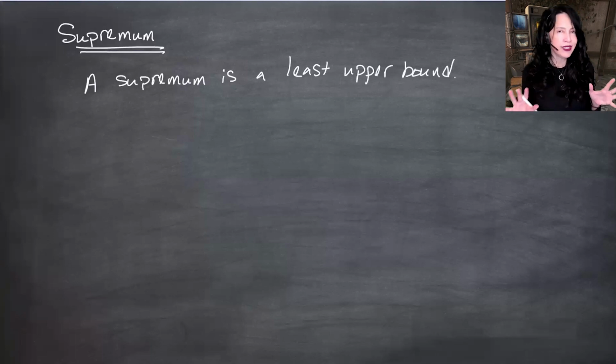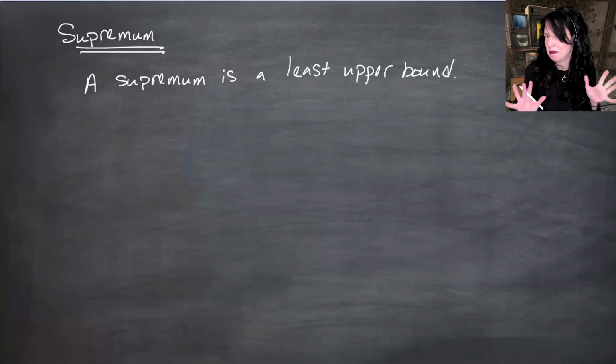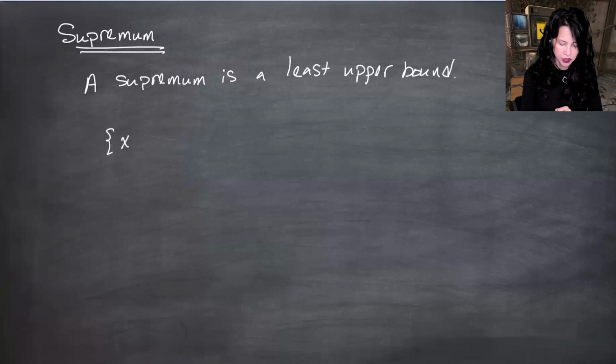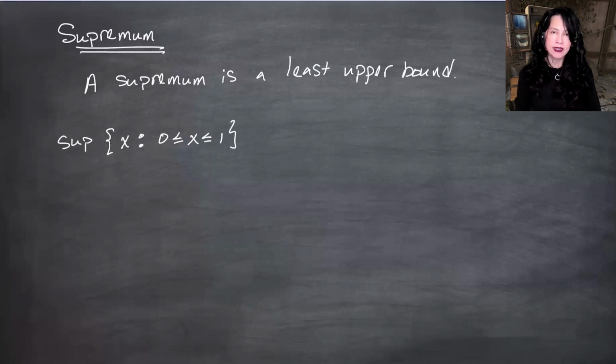And all this is a maximum, even when the maximum is not in the interval. So if you consider the collection of all x's for which x is between 0 and 1 inclusive, and you want to find the supremum, that is the largest x in that set, and it's going to be 1.